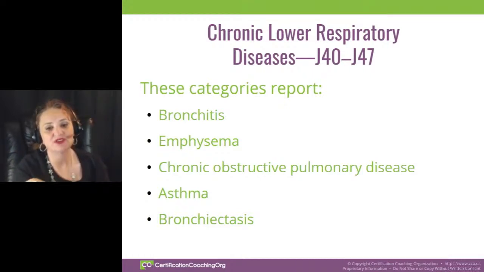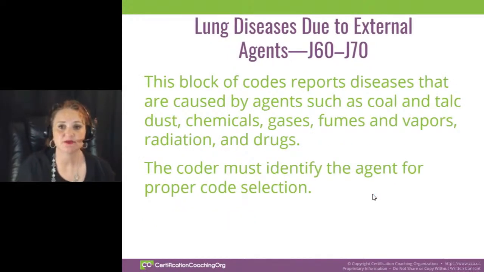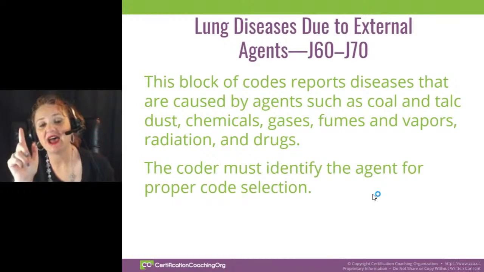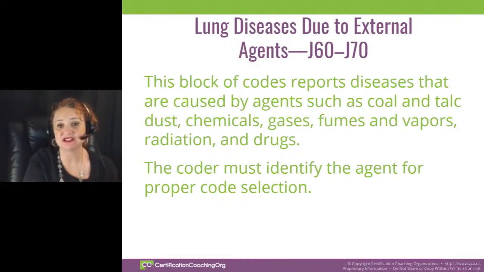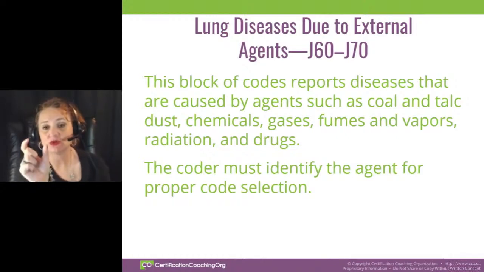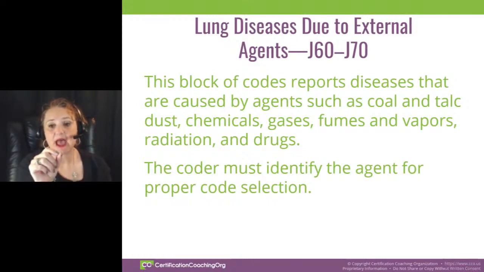And then we have bronchiectasis, which is like a buildup of fluid, like ascites in the lungs. If we have a disease in the lung due to something else, an external cause, an external agent, they have their own codes, J60 through J70. So these are going to be things that happen due to exposure.